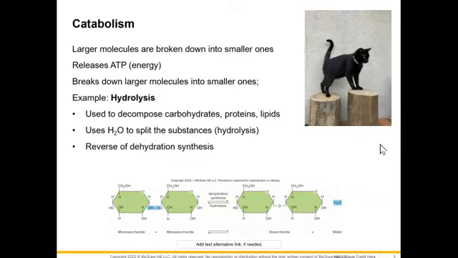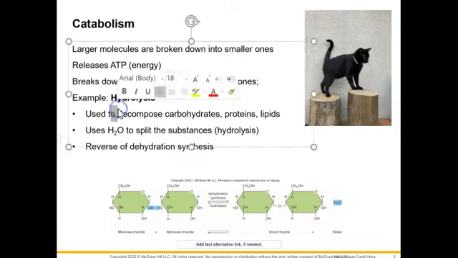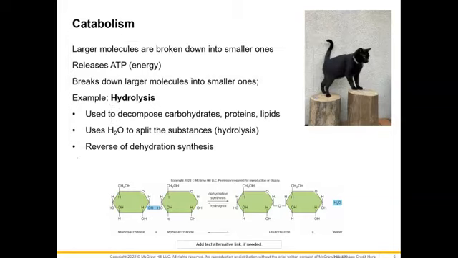Now, when we have a catabolic reaction, the type of chemical reaction that's actually occurring is called a hydrolysis reaction. So a hydrolysis reaction is just the opposite of a dehydration synthesis reaction. In a hydrolysis reaction, the two parts of this word are hydro and lysis.